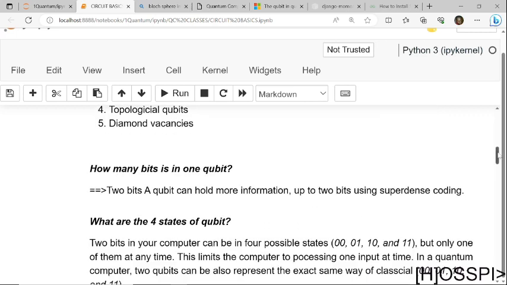The question you may be asking yourself is: how many bits are in one qubit? Two bits.